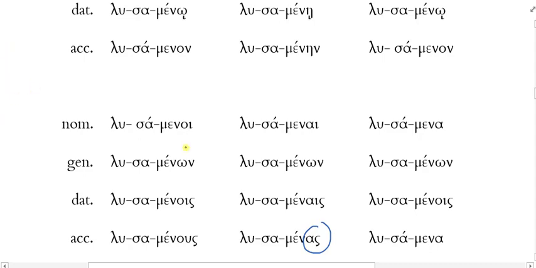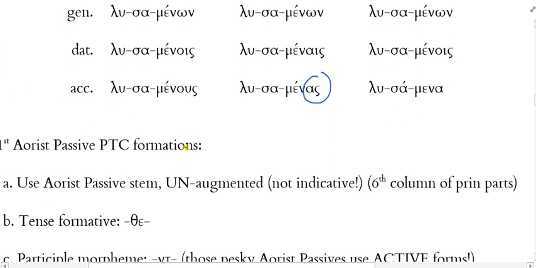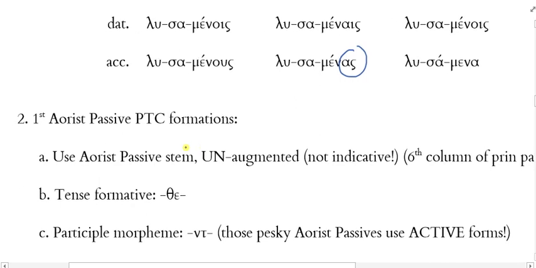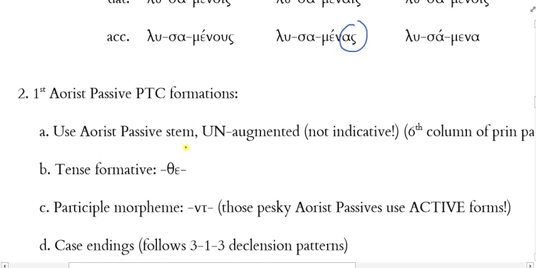Okay? All right. Let's talk about the aorist passive formations real quickly here. Okay? We're dealing here with first aorist passives, just like we were dealing with first aorist active and middles. First aorist actives and middles use sa for tense formative. Is the first aorist passive tense formative sa? No. In the indicative, it's theta eta, right?